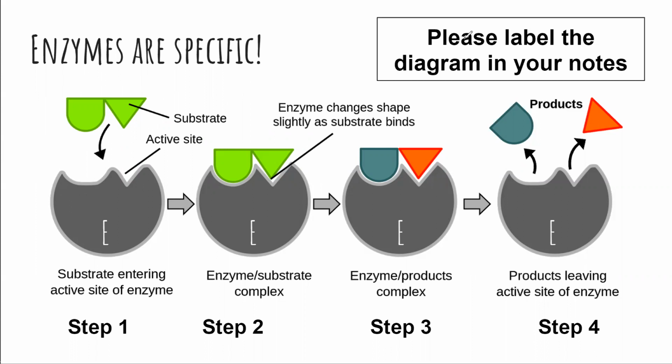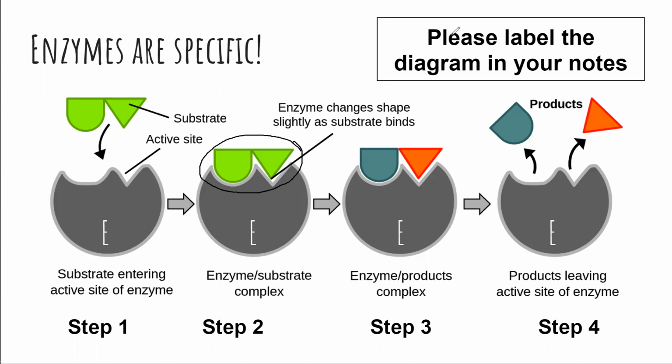Step 2 is where the enzyme substrate complex is made. A complex is when there is a molecule or a system that is made up of more than one part. Complex means that there is more than one moving part. And so the enzyme substrate complex is when your enzyme and your substrate are snugly fit together in that active site.